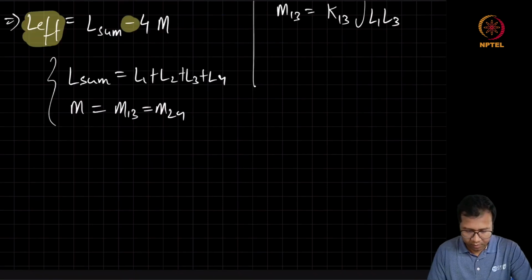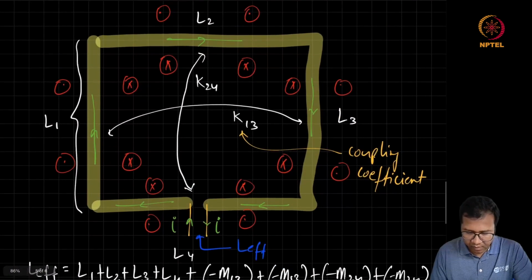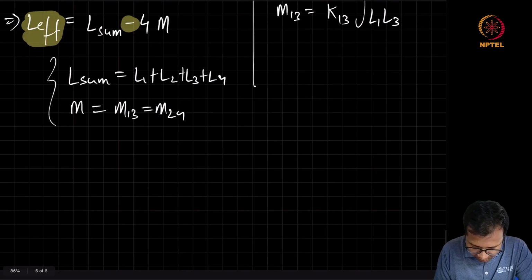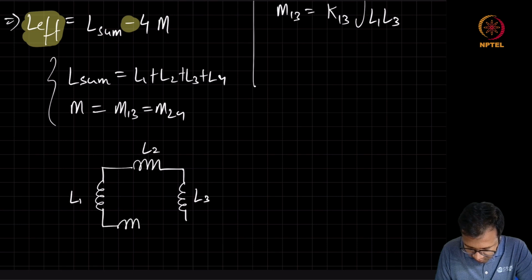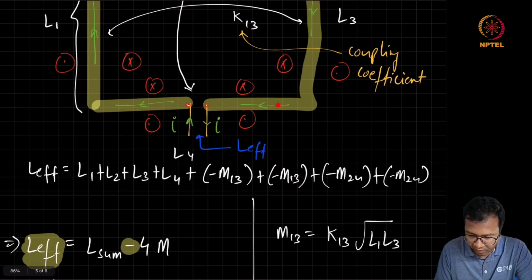And if we have to draw an equivalent circuit showing each of these individual inductances separately, we can draw a circuit with L1, L2, L3, and for simplicity, I am just showing that these terminals have been taken from one side.